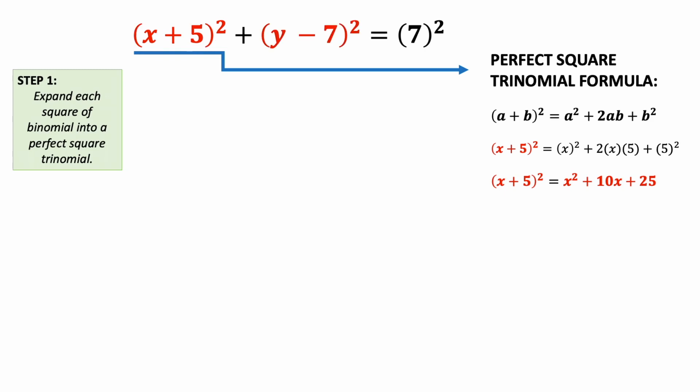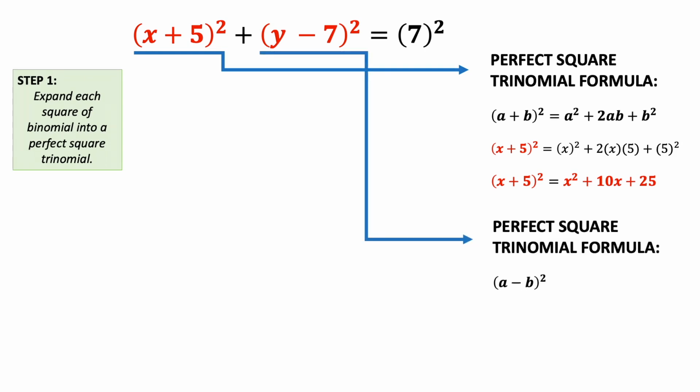Since the quantity y minus 7 squared is not of the form quantity a plus b squared, it is of the form quantity a minus b squared, we will use the other perfect square trinomial formula, which is a squared minus 2ab plus b squared.